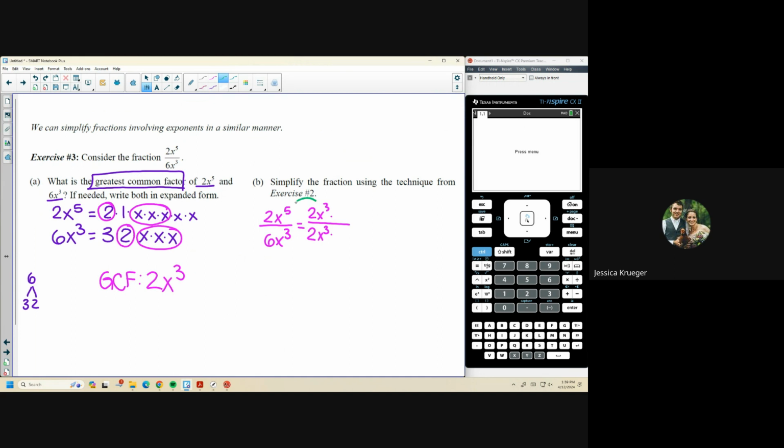If I want to get 2x to the fifth, I'm going to need to multiply it by an x squared. 2x to the third times what would give me 6x to the third? Well, that would just be 3.